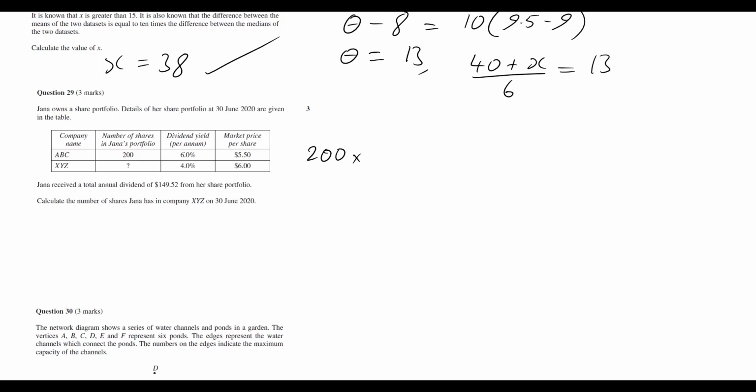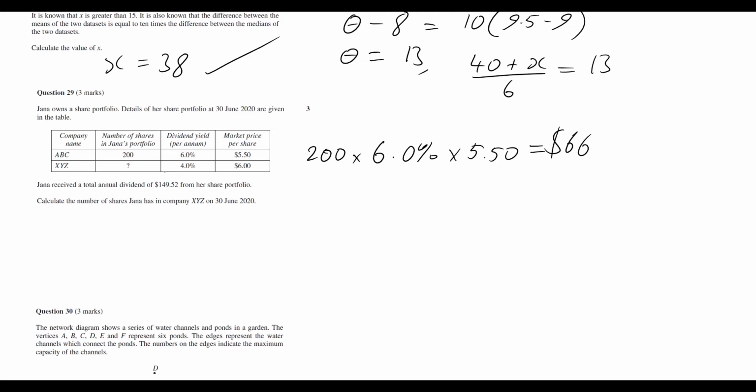So actually all we do here is just multiply this row across. So it becomes 200 times 6% times $5.50. And what we find that is equal to is simply $66. So we now know that she earns $66 from company ABC.